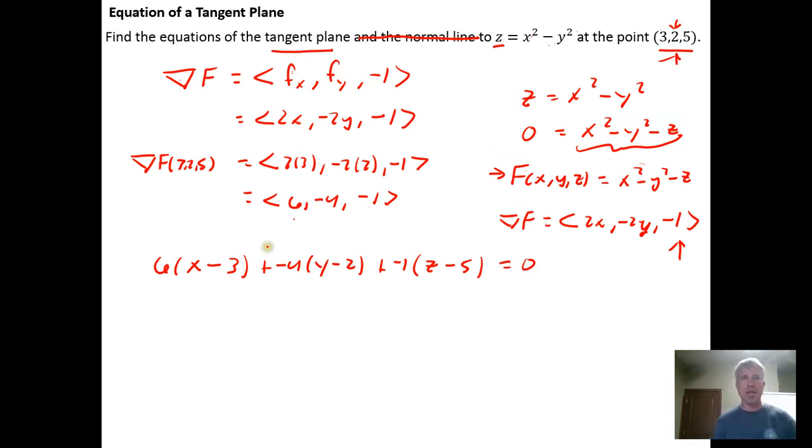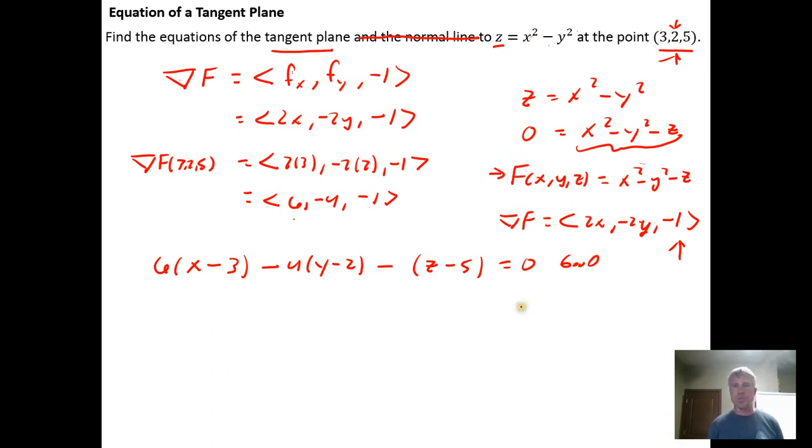So this is the equation of the plane. I could put that as a minus 1 times stuff. I don't need the 1, and this is good.